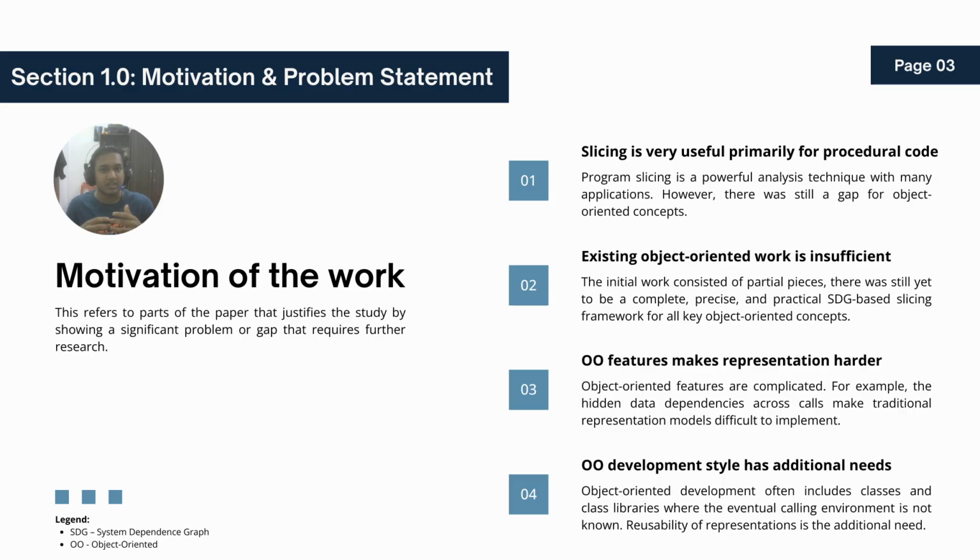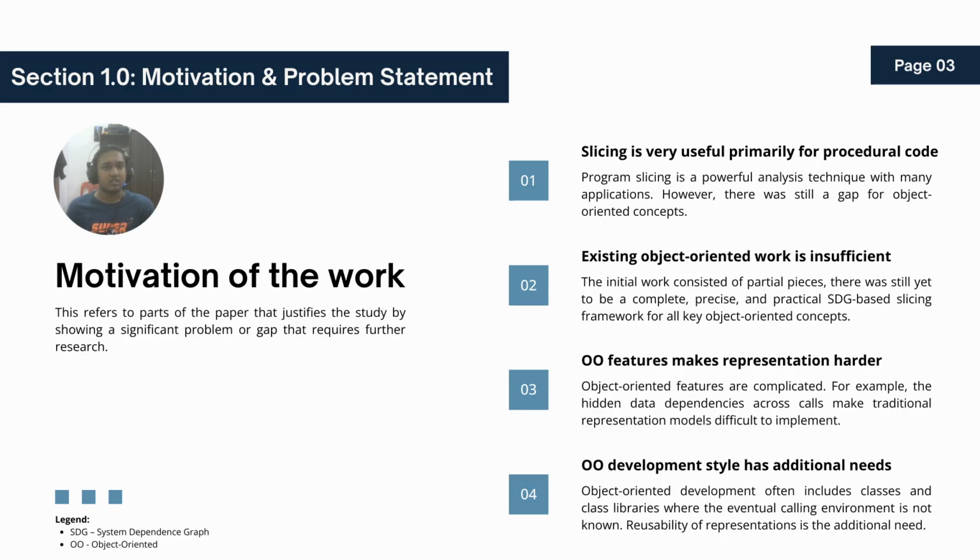Because of this development style, we want dependence graph representations that can be built incrementally and reused. Once we build the dependence graph for a class, we should be able to plug it into different programs and larger systems without reconstructing everything from scratch. This saves both time and money and also supports modular analysis, which is one of the major promises of object-oriented design.